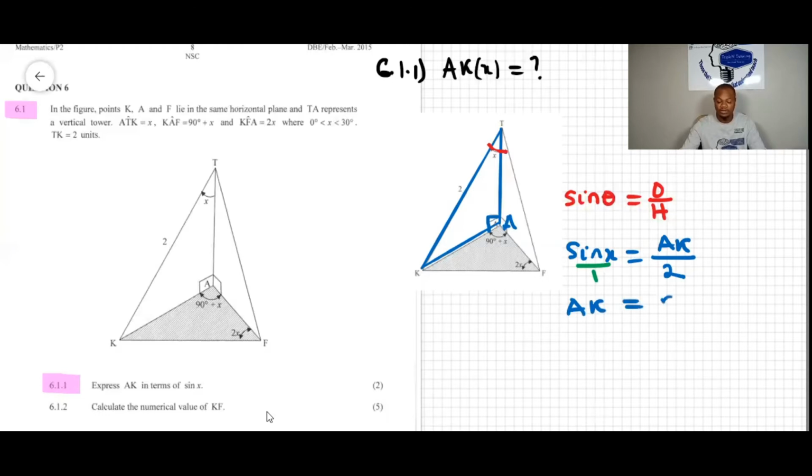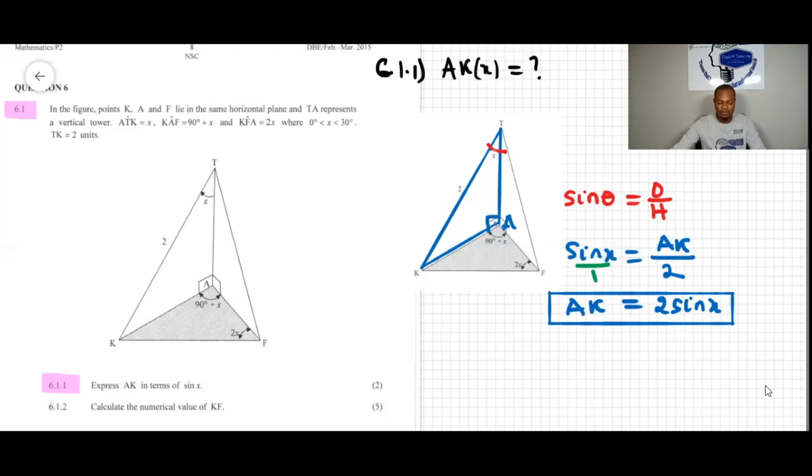Careful here, don't write sin 2X, it's not the same thing. We always put the constants in front, so this will be 2 sin X. That's the value of AK.